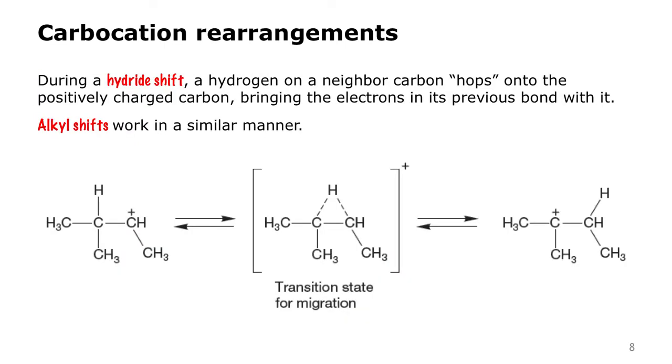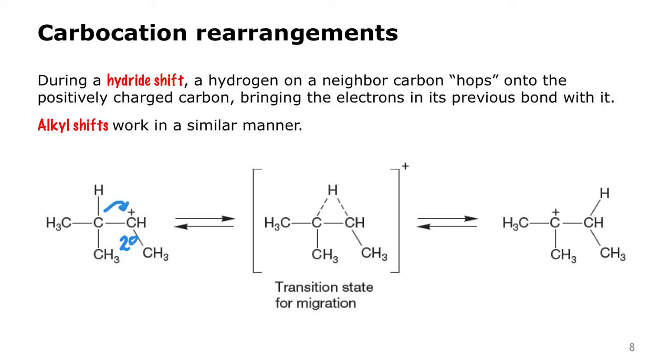So this is the simplest example of a carbocation rearrangement. Thermodynamically, these rearrangements happen to form more stable carbocations from less stable carbocations. In this example, you can see here on the left that this positively charged carbon is a secondary carbocation. Essentially what happens here is a hydride can hop.